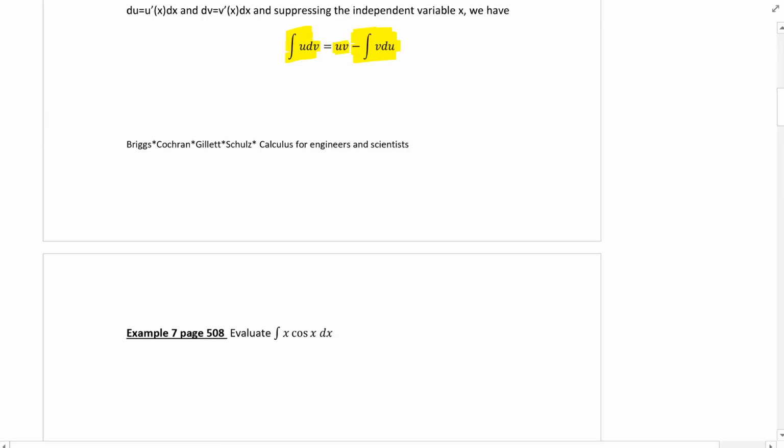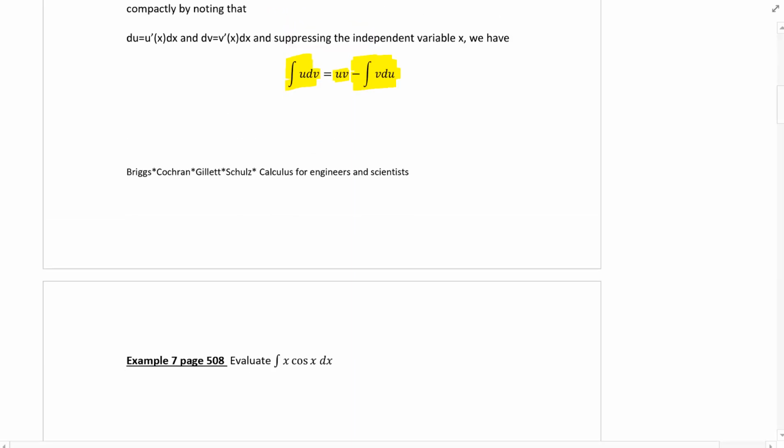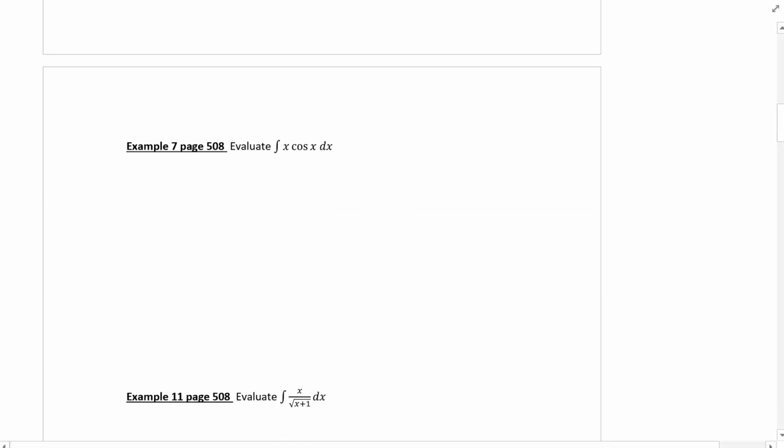We have the integral of x cosine of x dx. So if I want to use this format that we have here, let's figure out which one is our u and which one is our dv. So u dv.